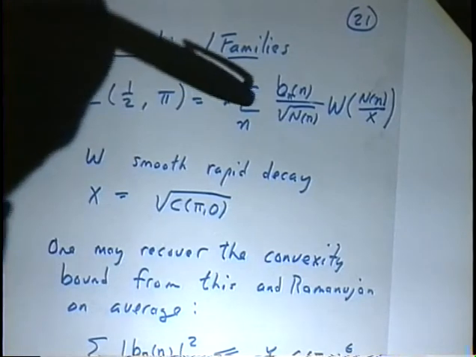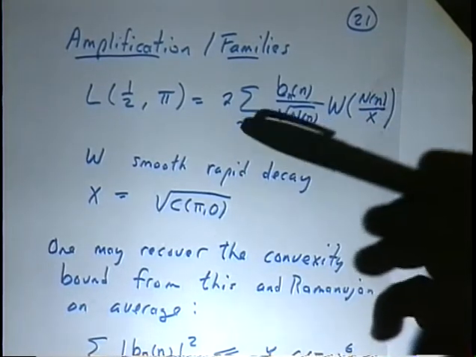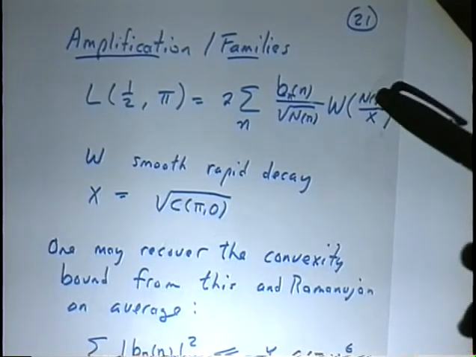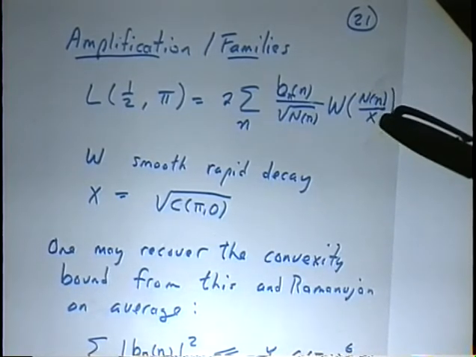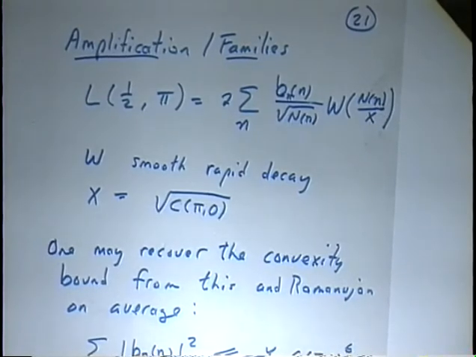So what I have here is a sum over the coefficients. This W is a smoothing function. I'm doing this in general, so n is an ideal in the field that we're talking about, and norm of n is its norm. But such a sum is controlled by x. That controls how long the sum is. And typically, the bigger the x is, the more out of luck you are.